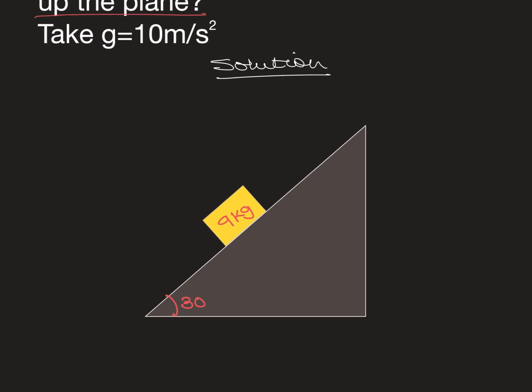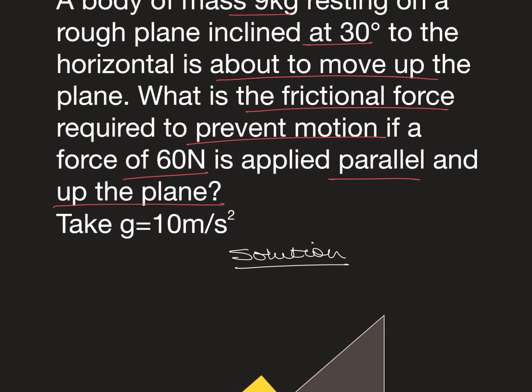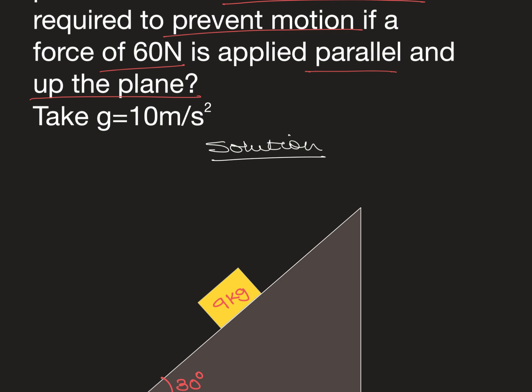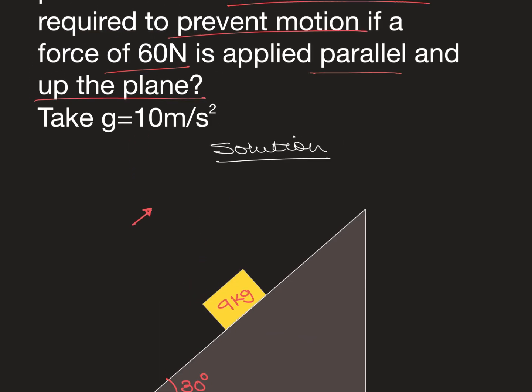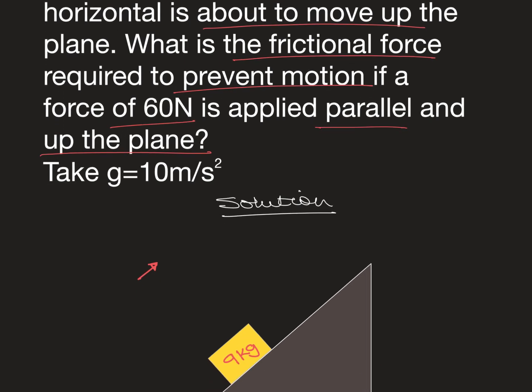So theta will be 30 degrees. It says the body is about to move up the plane, so the direction is up the plane, right? We are asked to find the frictional force that is required to prevent this motion.